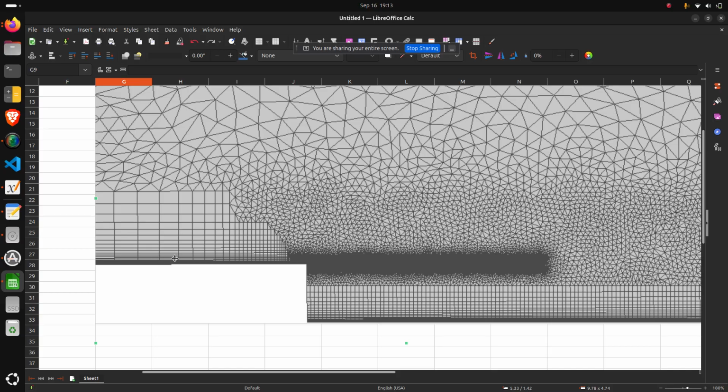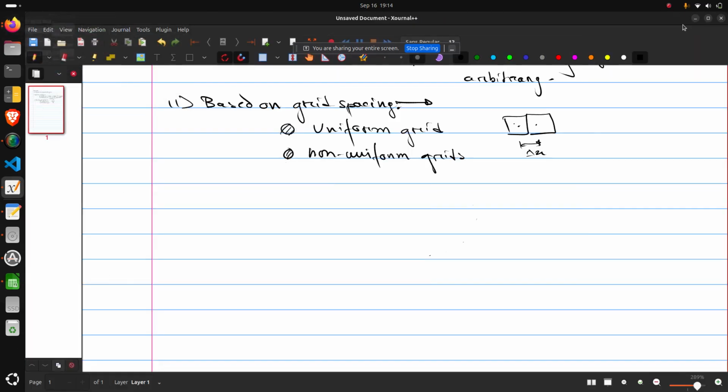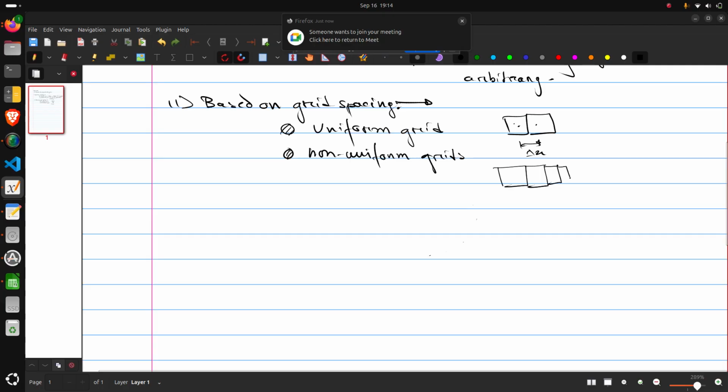This comes from the fact that fluid flow over a solid boundary will have very high gradients near the wall, and to capture those gradients accurately we will need very small cell size very close to the solid boundaries, right? So this is an example of non-uniform grids. For example, you can have grids that are progressively getting smaller and smaller.